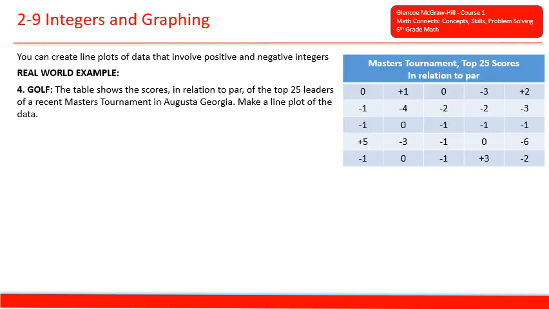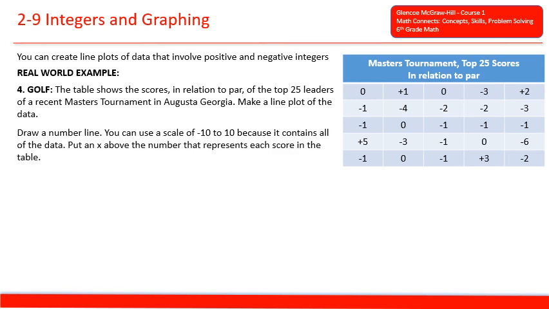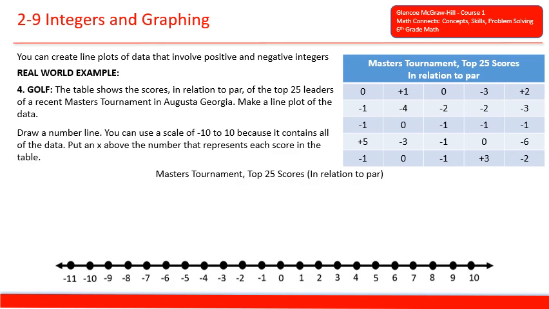All right, Masters Tournament, top 25 scores in relation to par. Draw a number line. You can use a scale of -10 to 10 because it contains all the data. If you scan the table at the right, you'll notice there's nothing smaller than -10 and nothing bigger than +10. Put an X above the number that represents each score in the table. So we'll start at 0, +1, going across the top row: 0, -3, +2. Second row: -1, -4, -2, -2, -3.